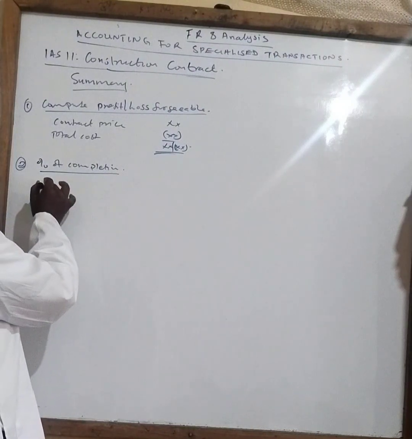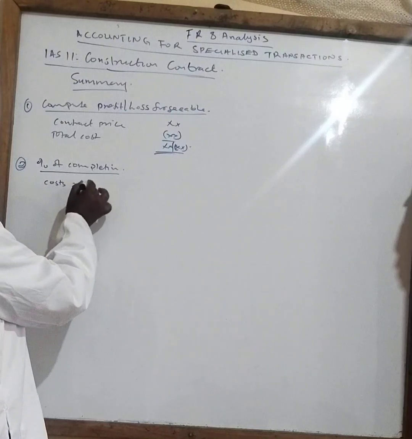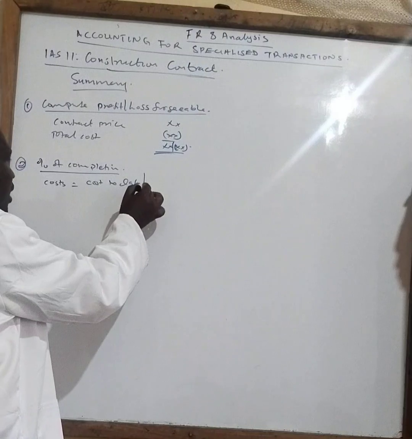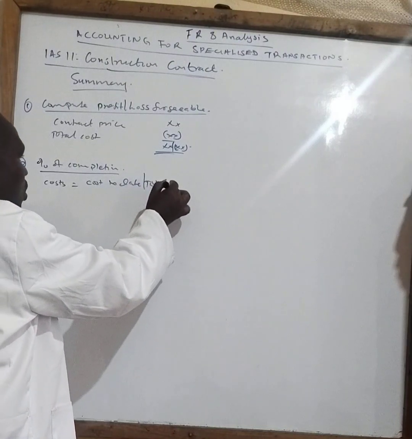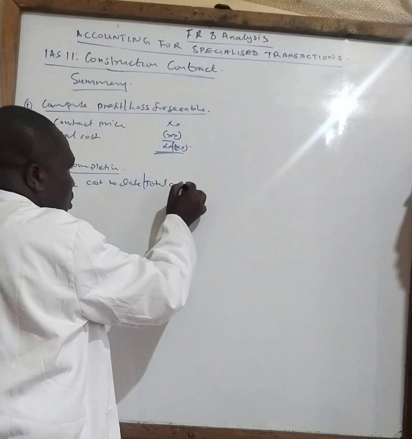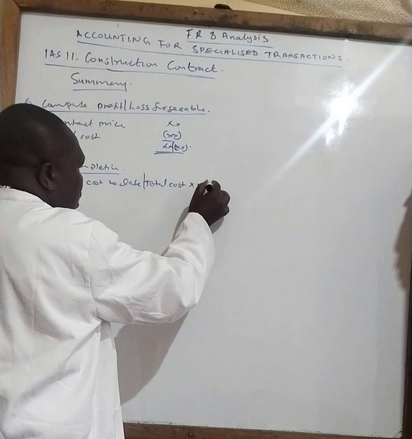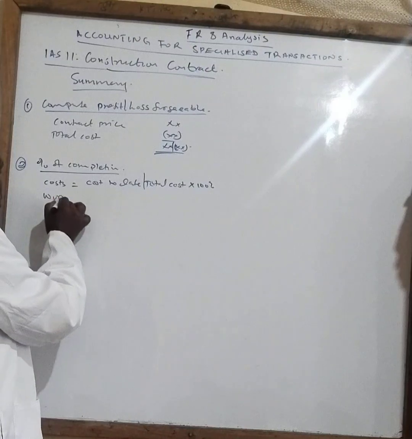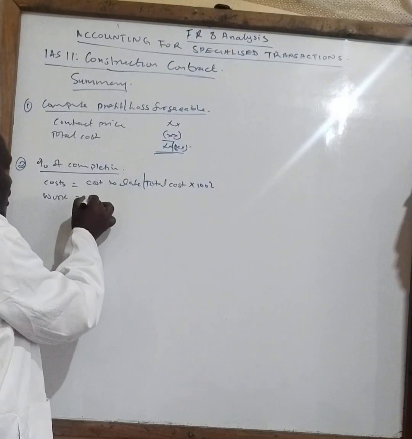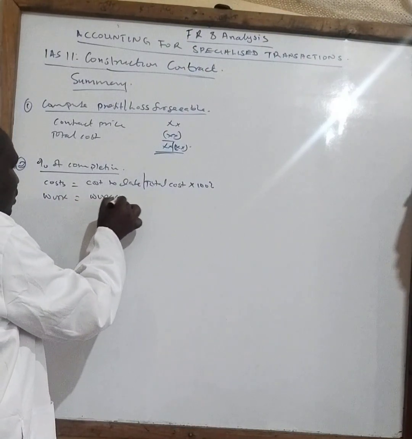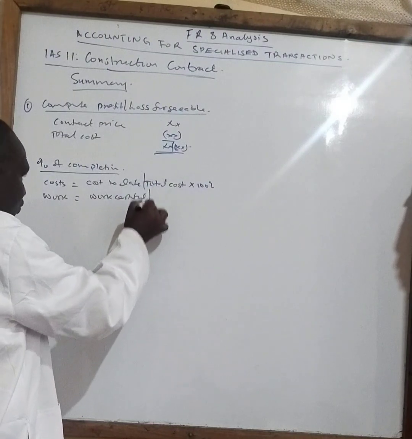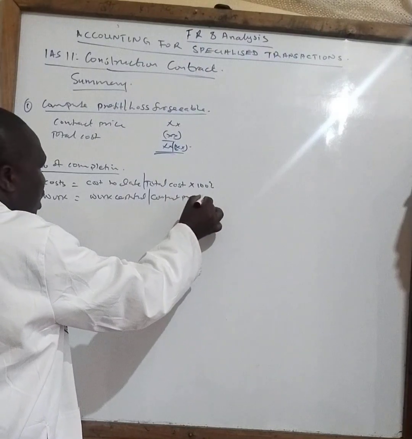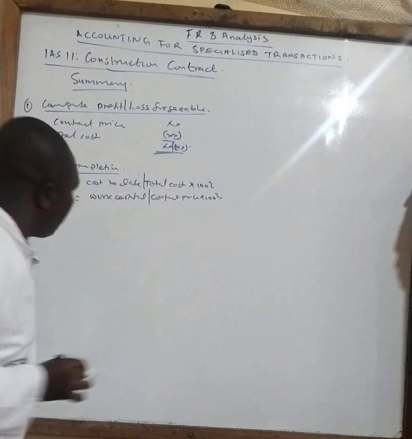Number one, it can be in the form of costs, where you take cost to date, divide by total cost, and then multiply by 100%. Or you can use work certified, divide by contract price, multiply by 100%.